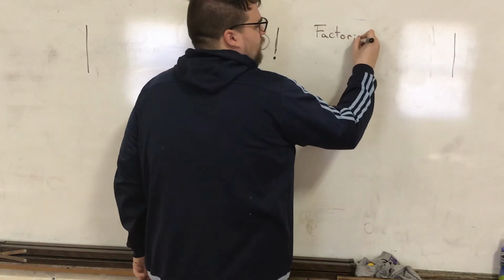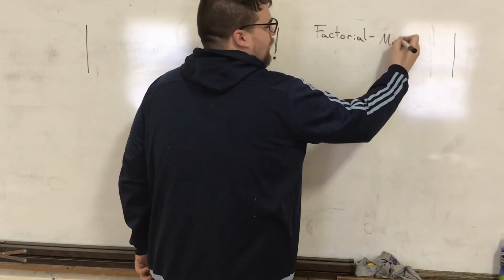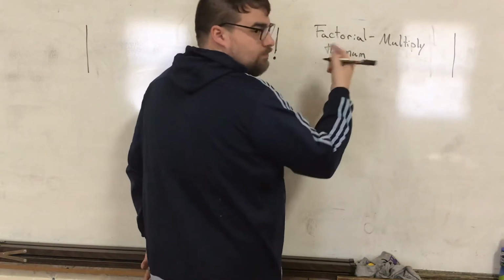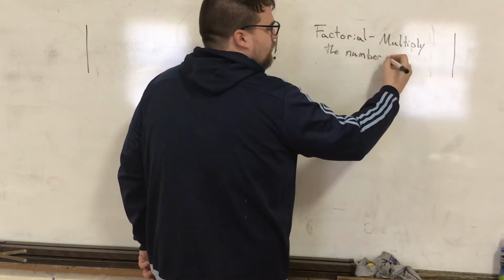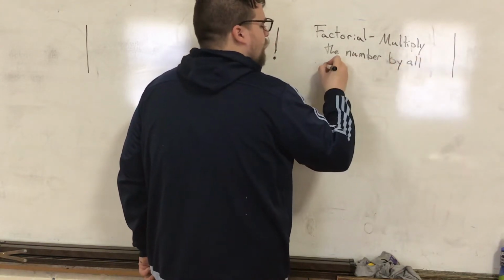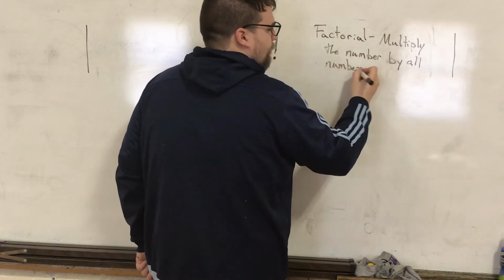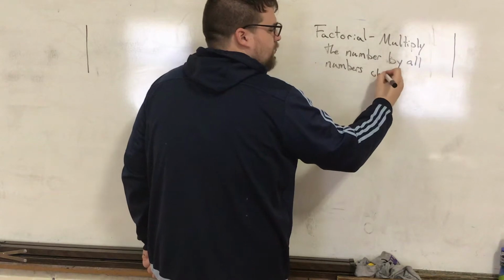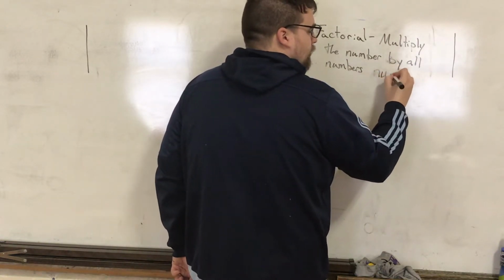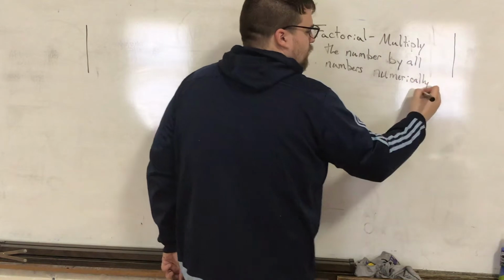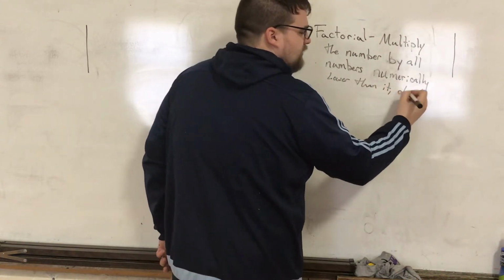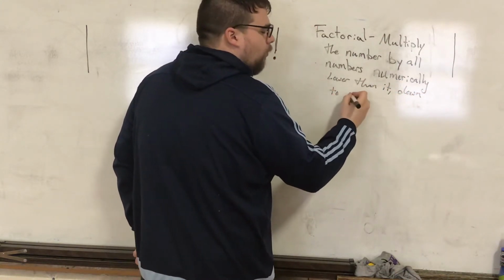tells us that we are to multiply the number, whatever number precedes it, by all numbers, let me not say chronologically, that's a weird word, numerically lower than it, down to 1.